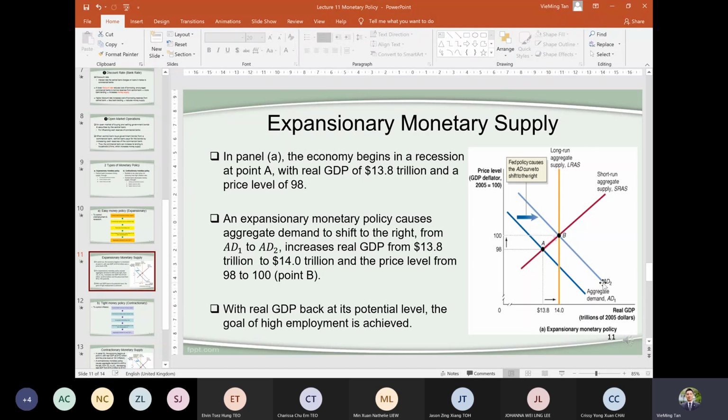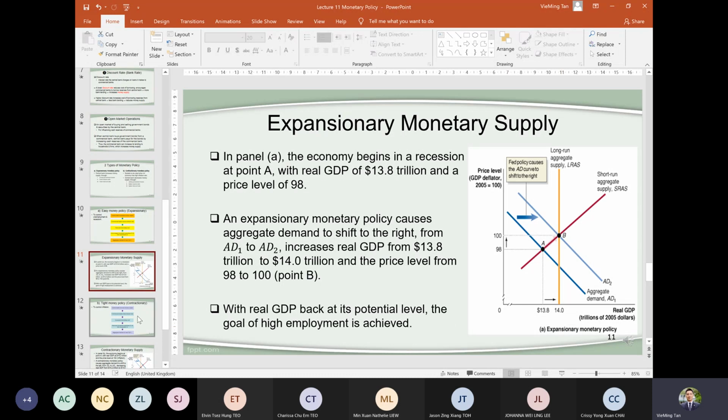As a result, the new economic equilibrium point will be at point B. At this point B, the price level is at 100, and the real GDP has now increased to 14 trillion dollars. So this is how the expansionary monetary policy works.